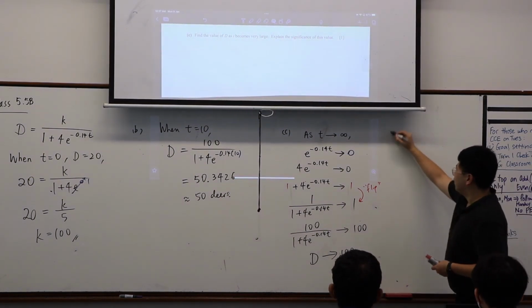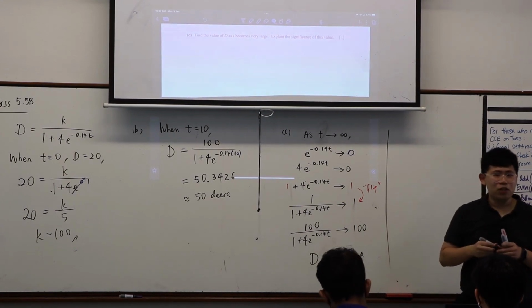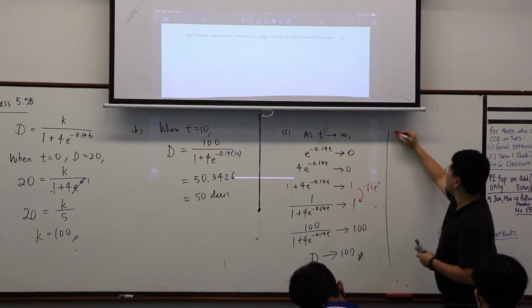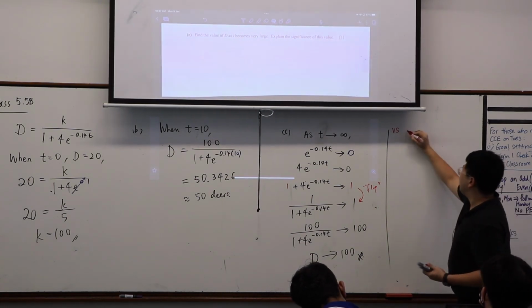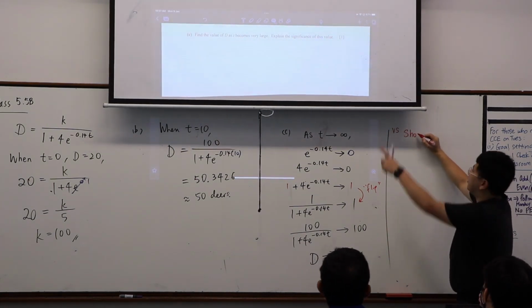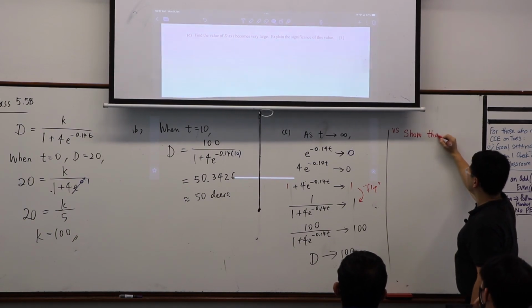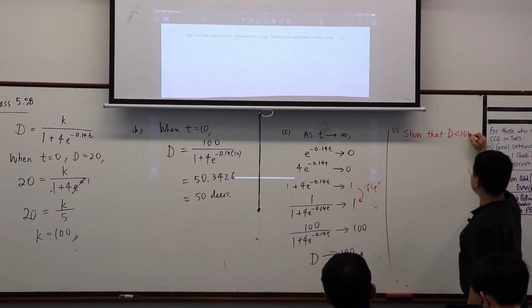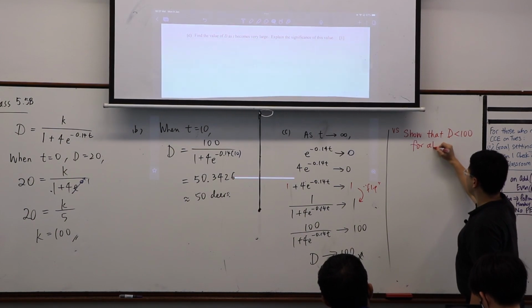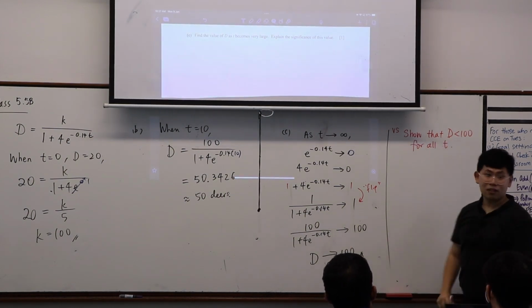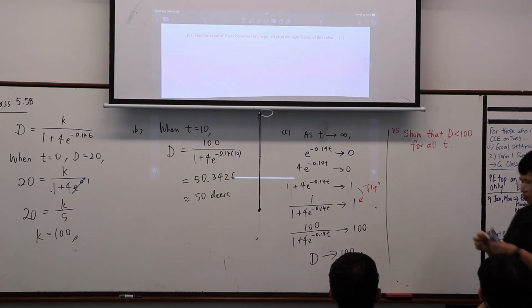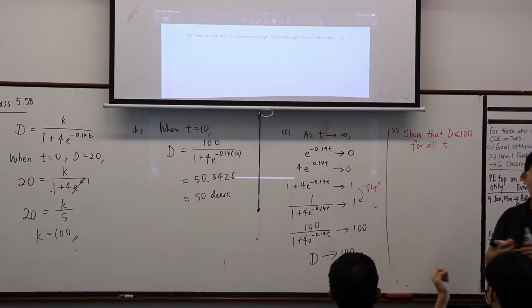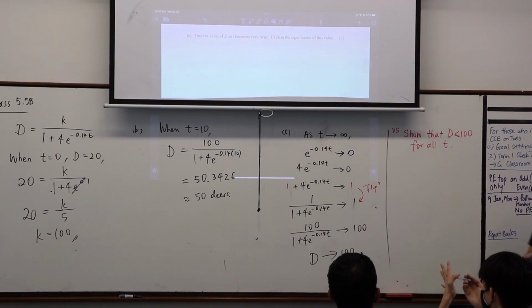Okay, now let me show you a second variation. What if the question changed the tune and, instead of asking like this, they ask: show that D is less than or equal to 100 for all values of t.